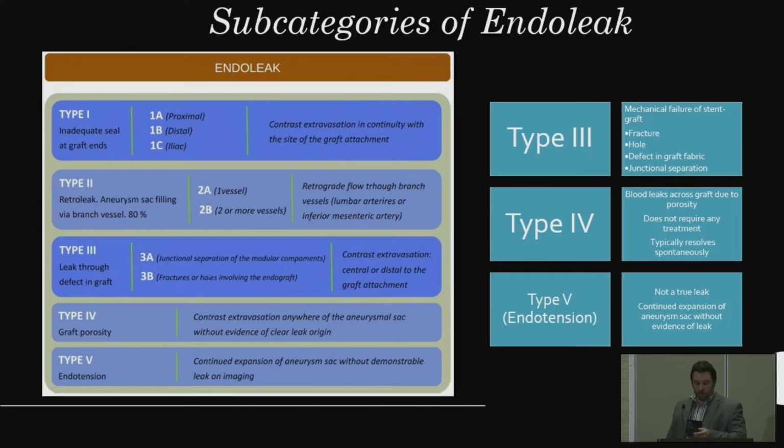These will typically resolve themselves, so I've not seen one myself, but it's not one that is as common. And then type 5 is called endotension. It's not an actual leak, but the aneurysmal sac will continue to grow, and we just can't see why with ultrasound.